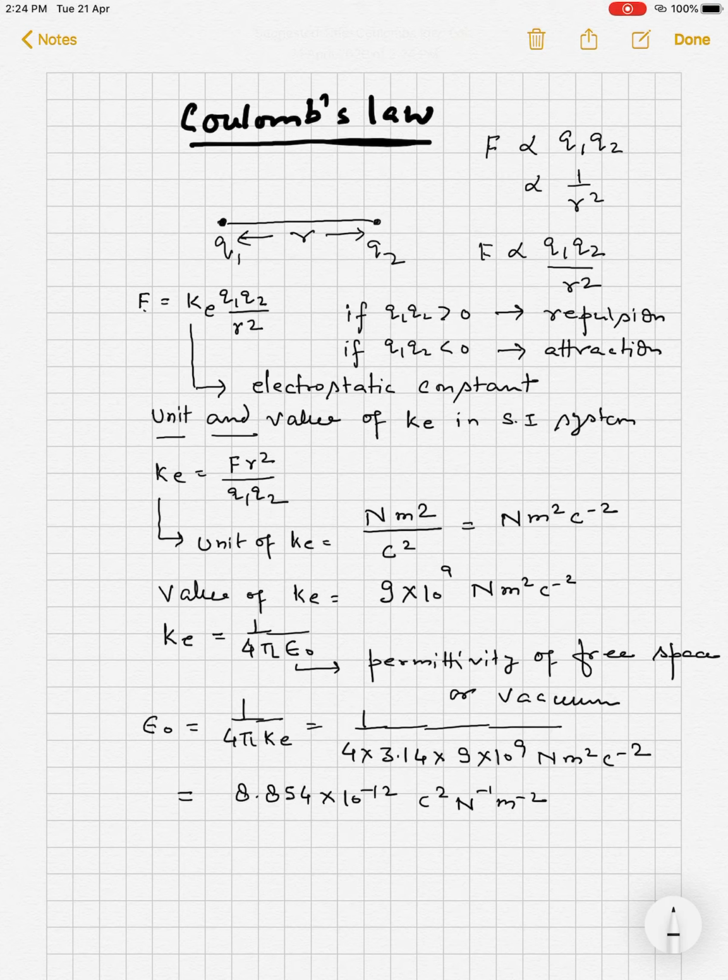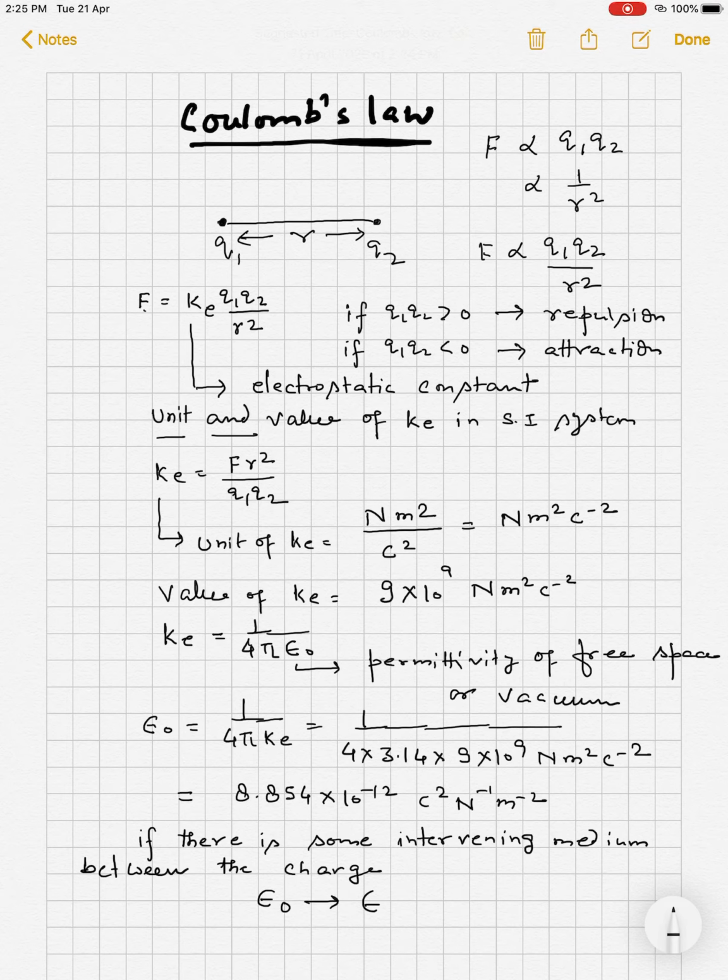Suppose the charges are present in a medium, or there is some intervening medium between the charges, then epsilon naught will be replaced by epsilon.